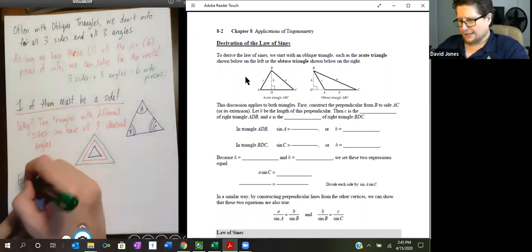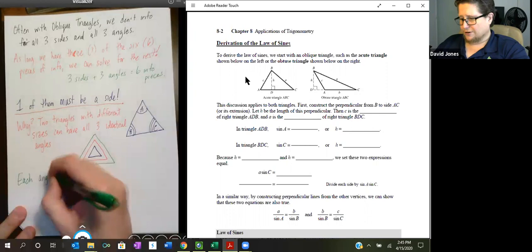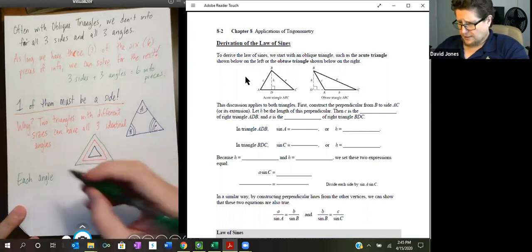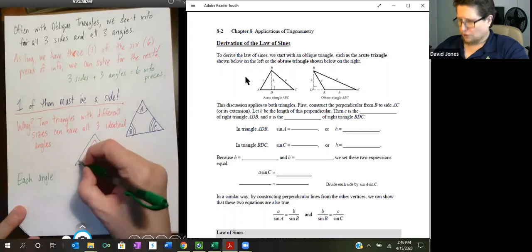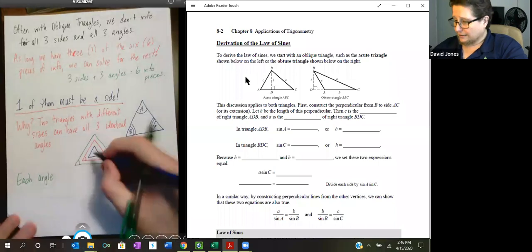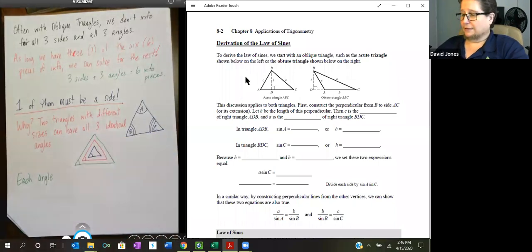Each angle is identical to an angle in the other triangles. So I've got angle 1 there, angle 1 there, angle 1 there, and they're all the same.